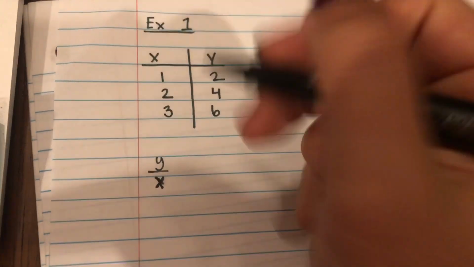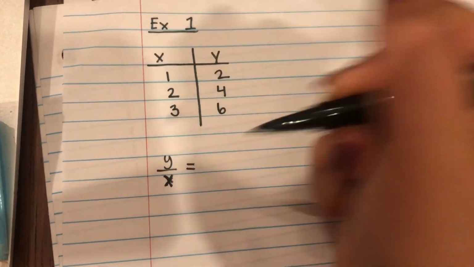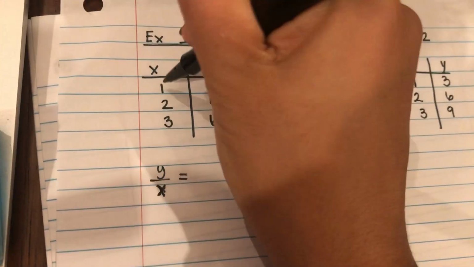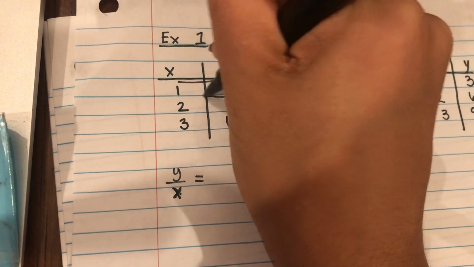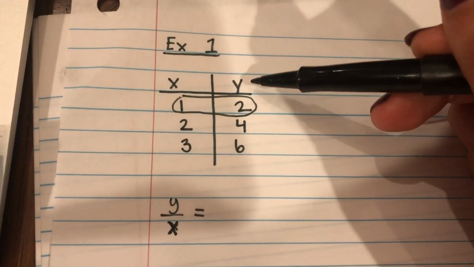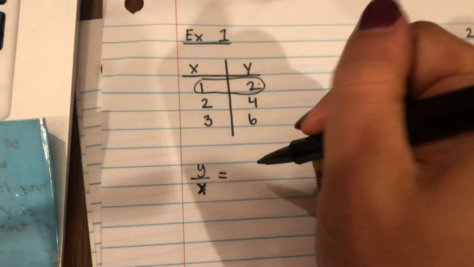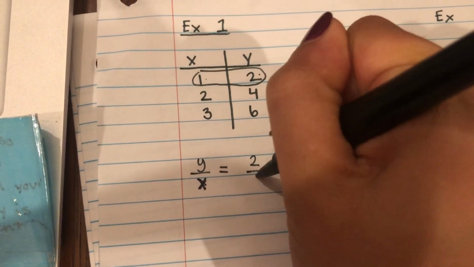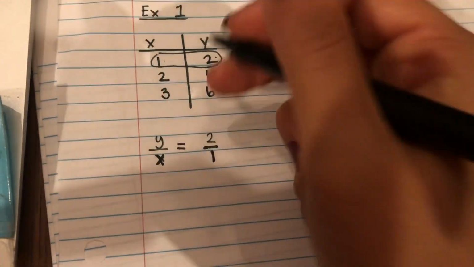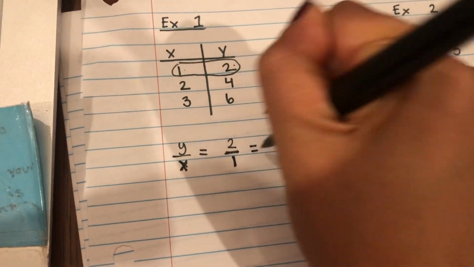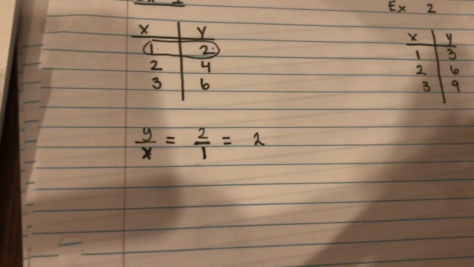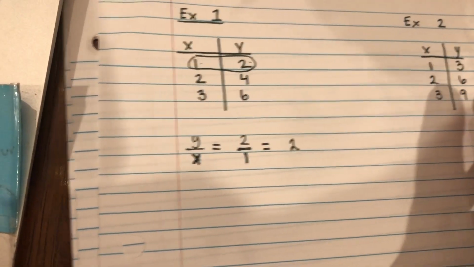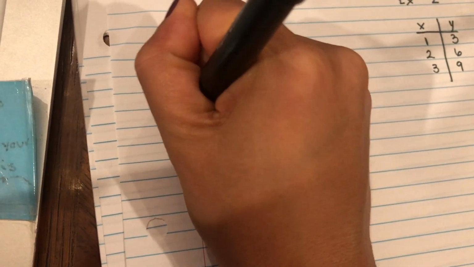My first ratio is y is 2 and x is 1, so I'm going to put 2 over 1. And 2 over 1 honestly equals 2. So that equals 2. This is ratio 1.